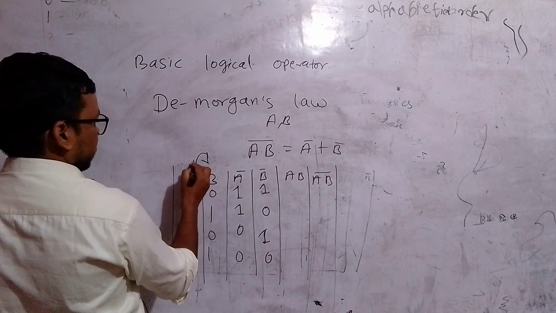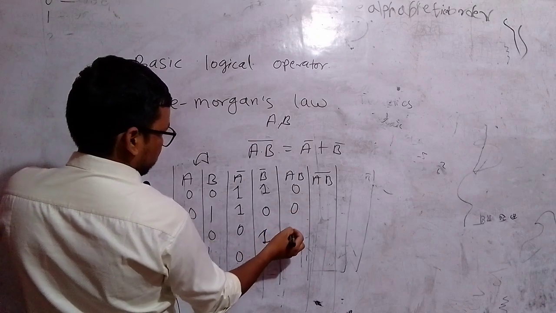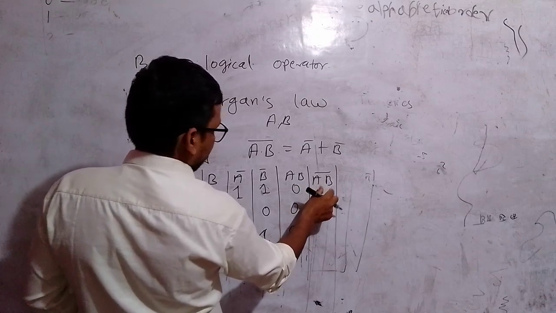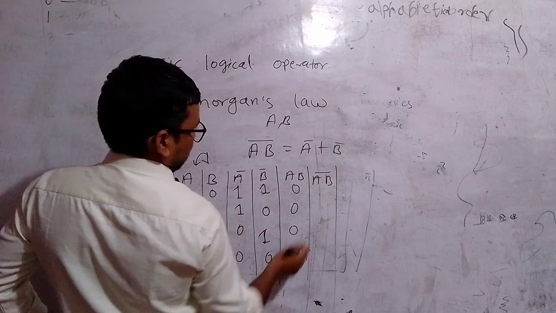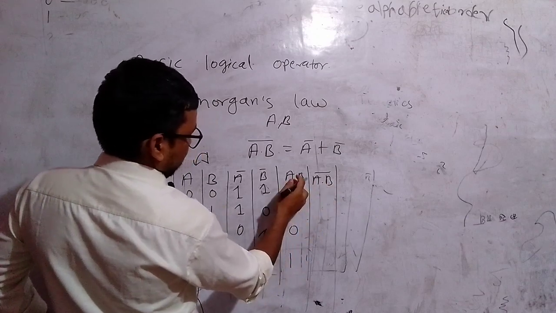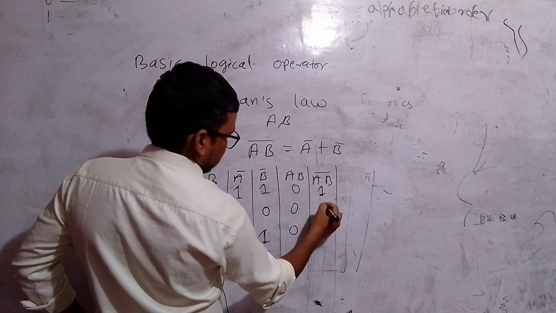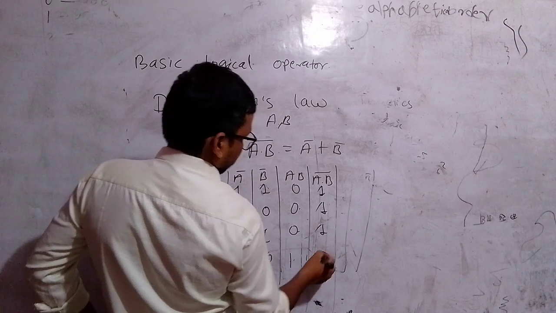Now the AND operation between these two: 0 0 0, 0 1 0, 1 0 0, 1 1 1. Now the complement of AB. 0 changes to 1, 0 changes to 1, 0 changes to 1, and this changes to 0.